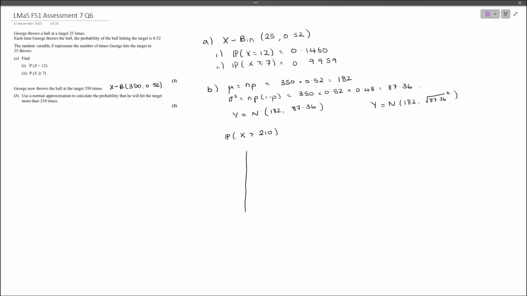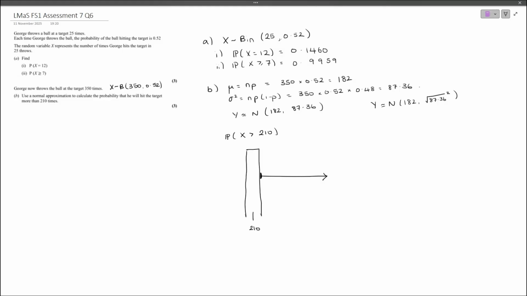I'm going to imagine that I've got a bar that's centred at 210. And I'm told that I'm going to be above this bar, so I want to be to the right hand side of this bar. And I don't want to include the value 210, so I'm going to be starting at the top end of this bar.